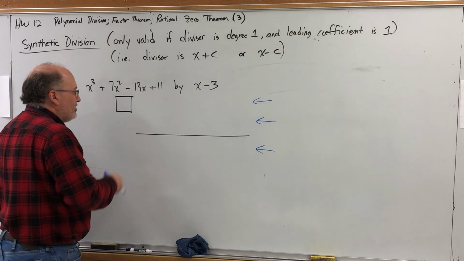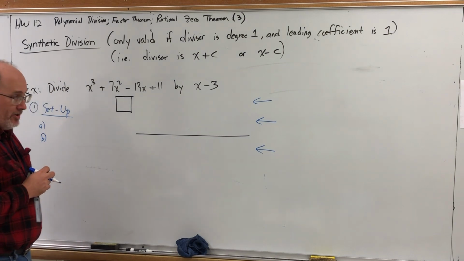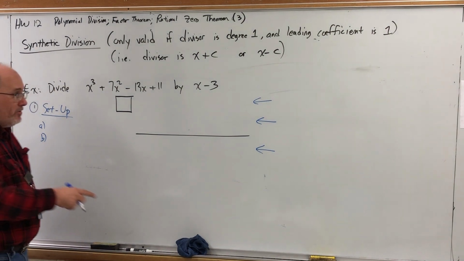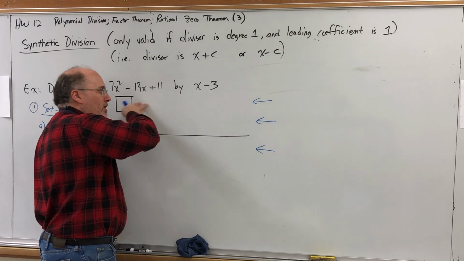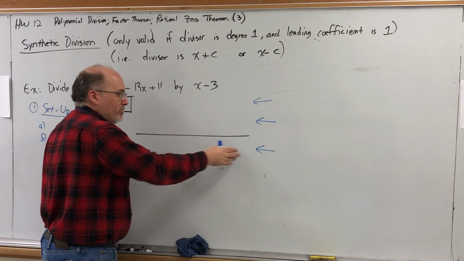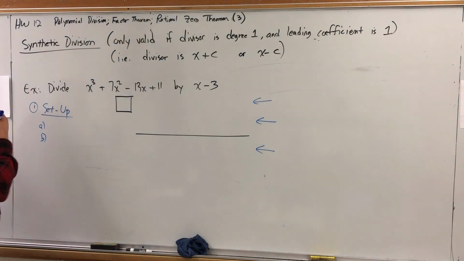And to the left of the top row is going to be an extra number that I'm going to put in a box. I will call it the box number. So these arrows aren't really part of the process, they're just me pointing to where the rows of numbers are going to be. One row of numbers, another row of numbers, third row of numbers, separated from the top 2 with the horizontal line.